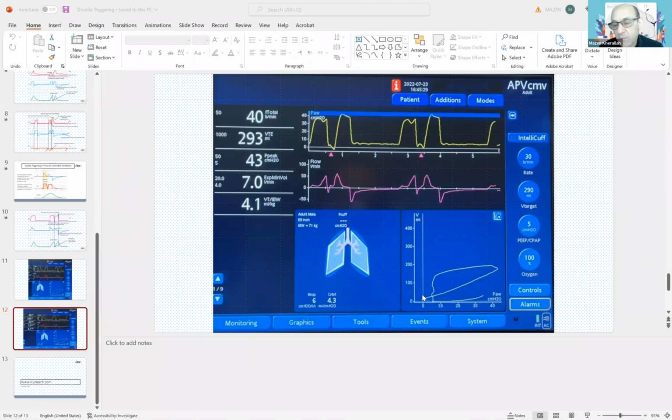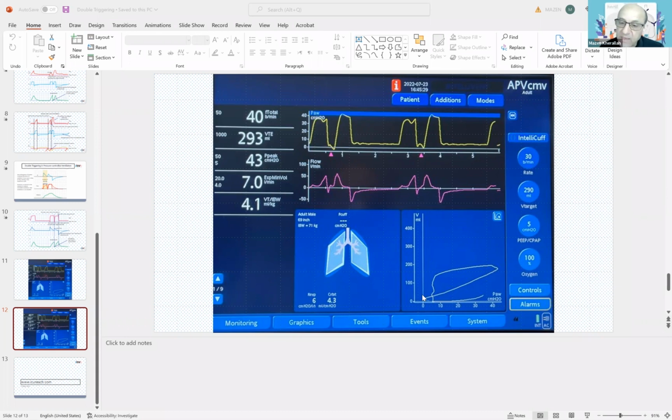Let's just give an example. If your pressure is limited at 40 centimeters of water, for example, okay, the first breath resulted in 25 centimeters of pressure, okay, and the second one requires another 20 centimeters. The pressure would go up to 45. But if you have a limit at 40, you won't have that much tidal volume in.